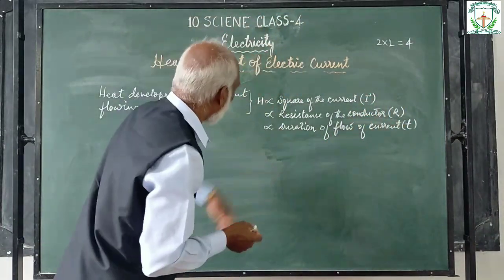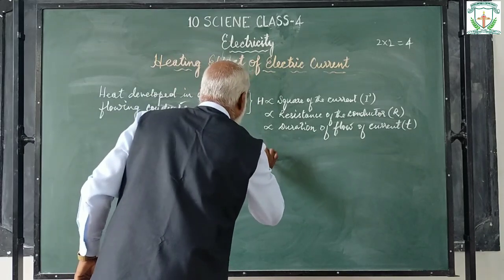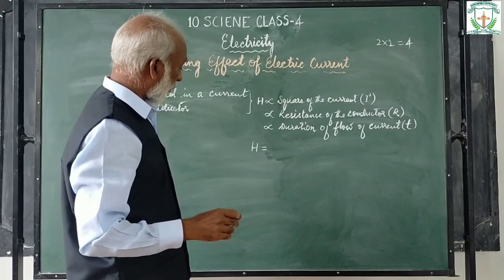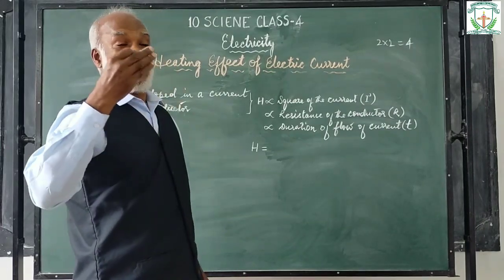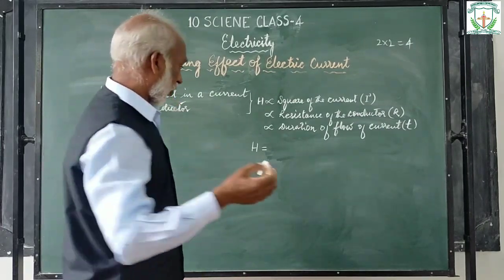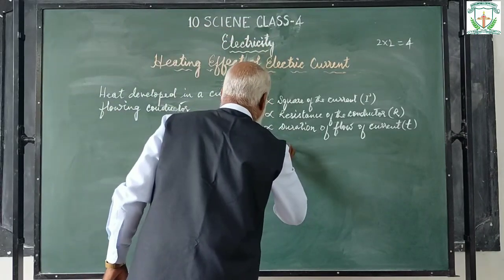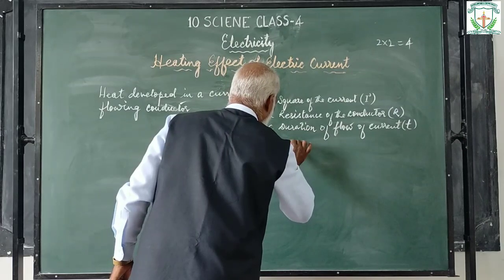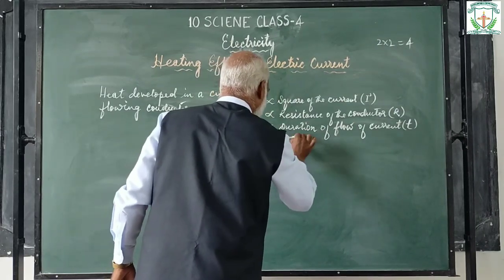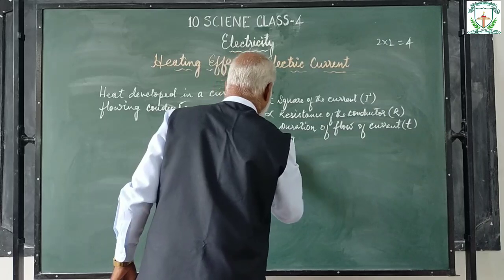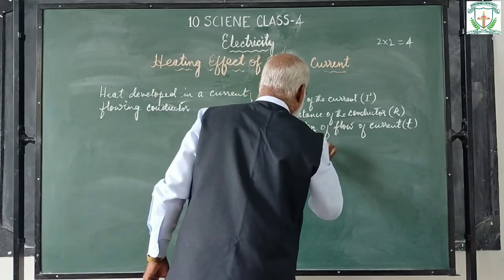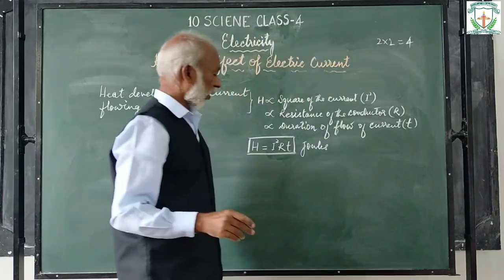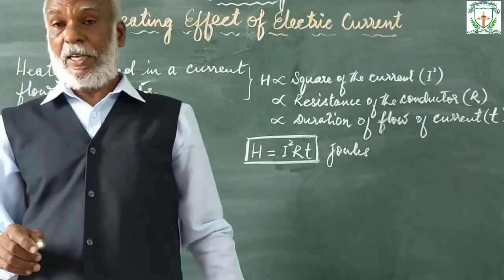So if you combine all these things, the heat developed in a current flowing conductor or an electrical device is equal to I squared R T joules. Joule is the unit of energy.